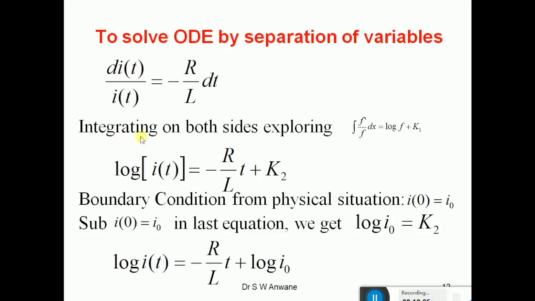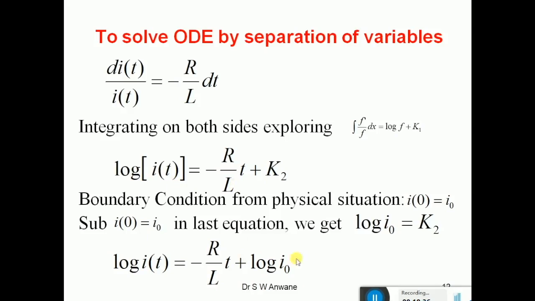Now integrating on both sides, again the same integration formula we are exploring. Log of I, which is a function of time, is equal to minus R upon L times t plus K2. K2 is the constant of integration, and for t equal to 0, I of 0 is I0, that is the steady state value. So substituting t equal to 0 will diminish this term, and K2 will be simply log of I0.